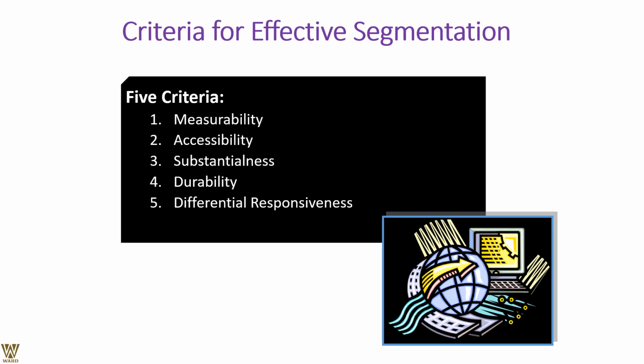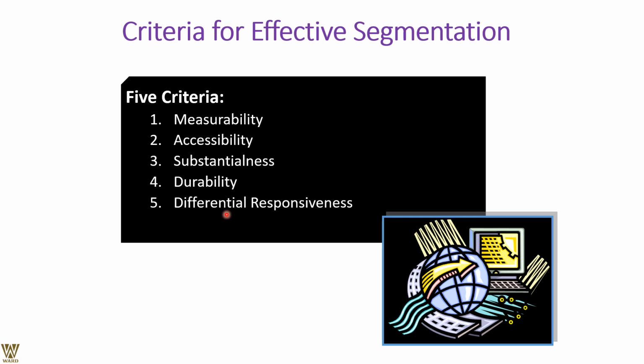Now, five criteria for effective segmentation. What are the effective things that come around it? First is measurability, then accessibility, substantialness, durability, and differential responsiveness. This is what we look forward to.